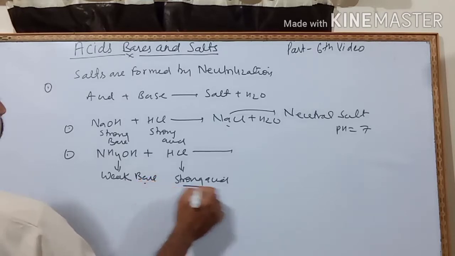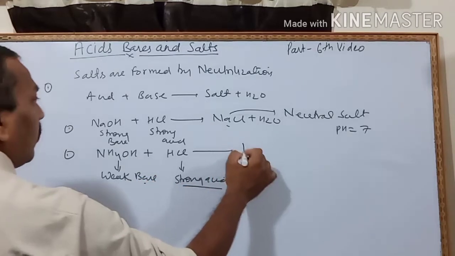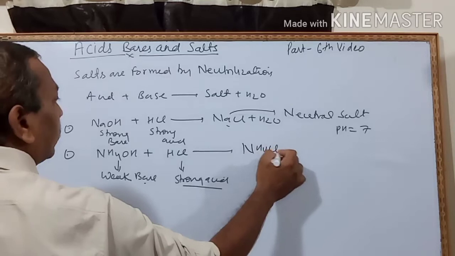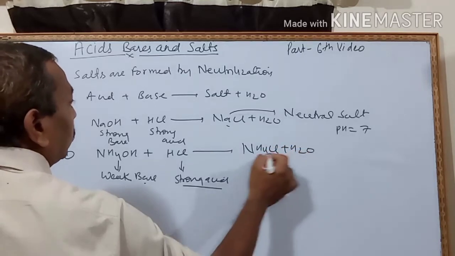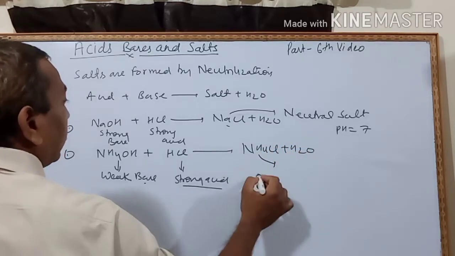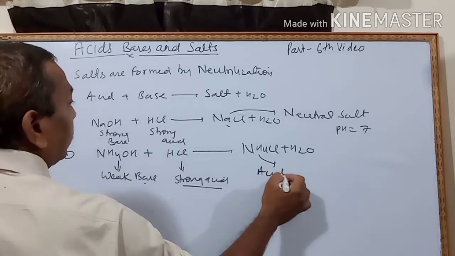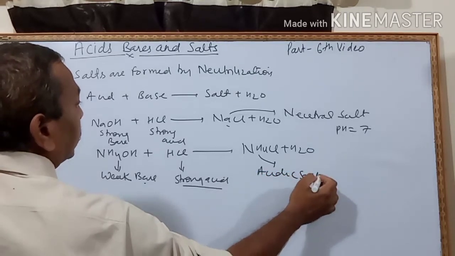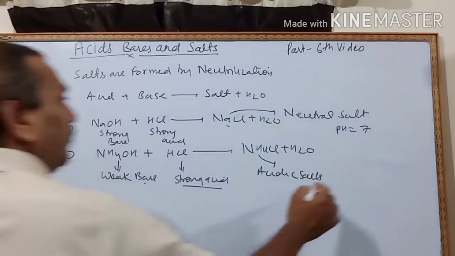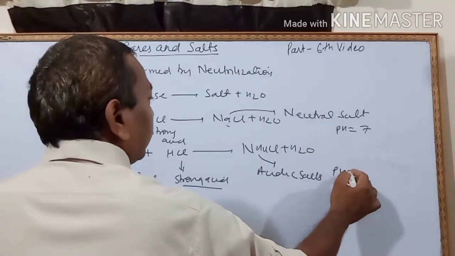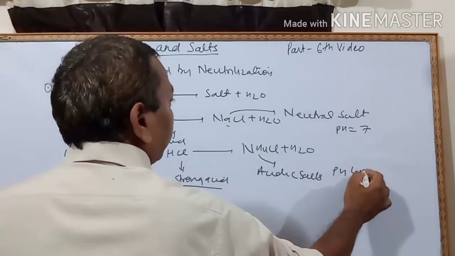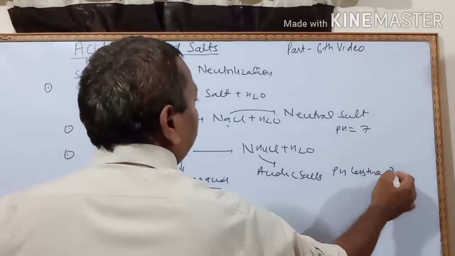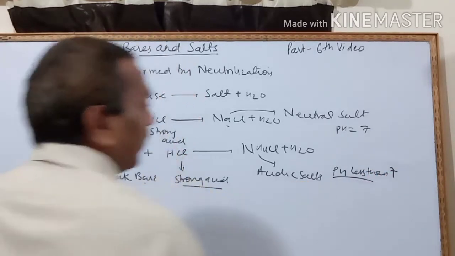So the acid is strong, and the salt formed is ammonium chloride plus water. Ammonium chloride is an acidic salt, so the pH will be less than 7. That is why this solution is acidic.